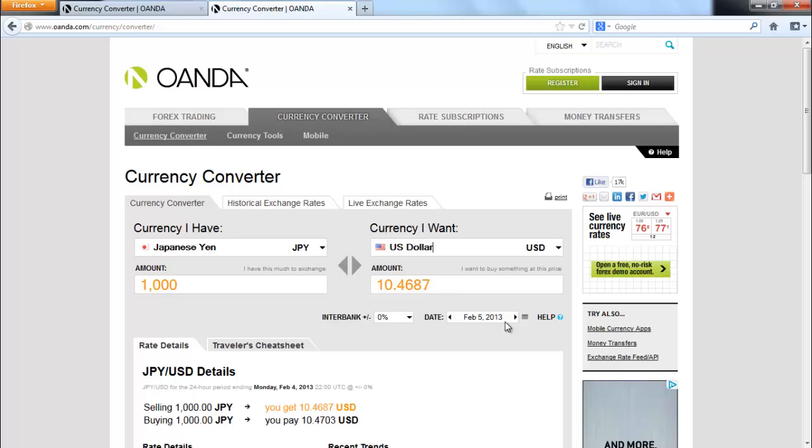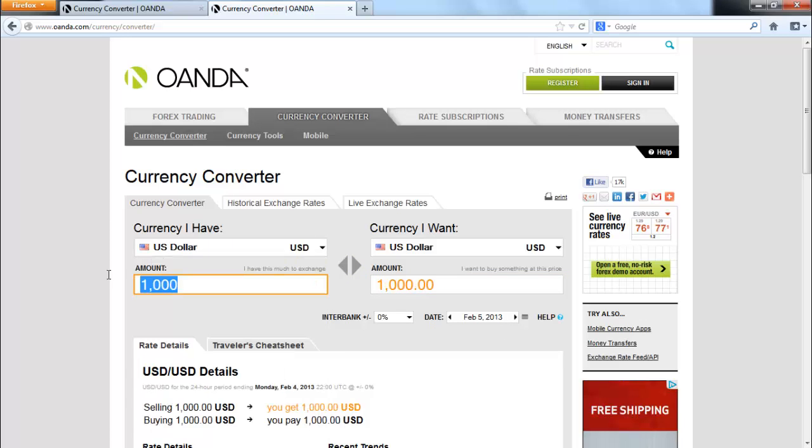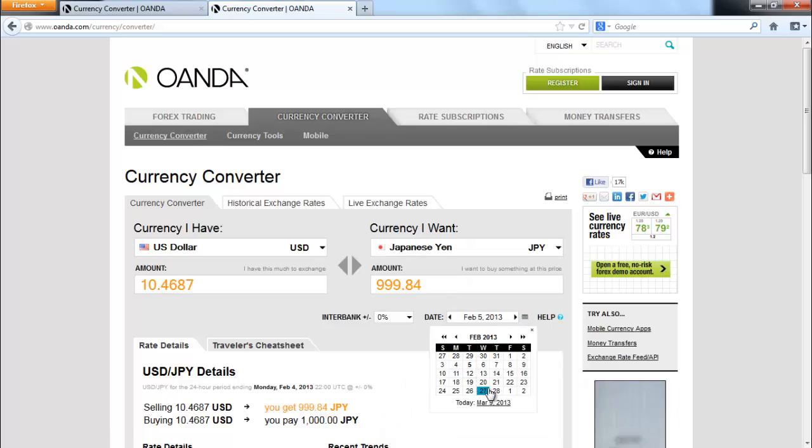Now let's take this a step further and say that the Japanese office wants their money back on February 27th. So the U.S. office is going to send the money back to Japan on February 27th.